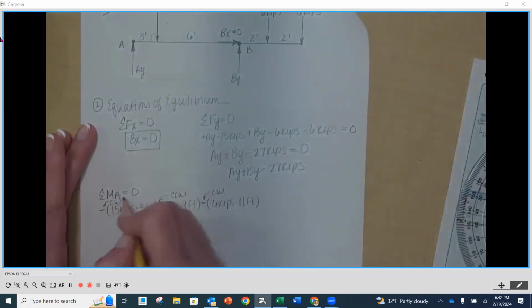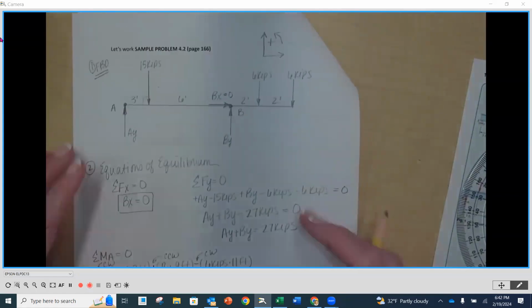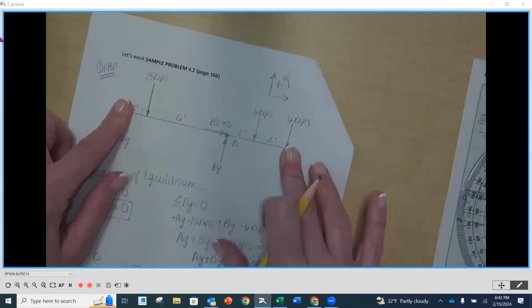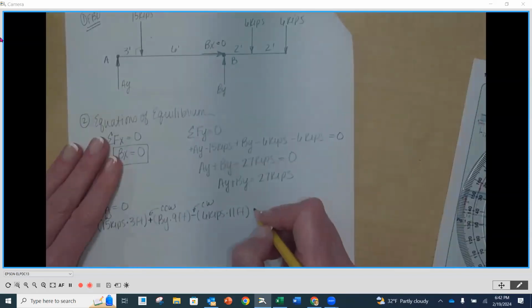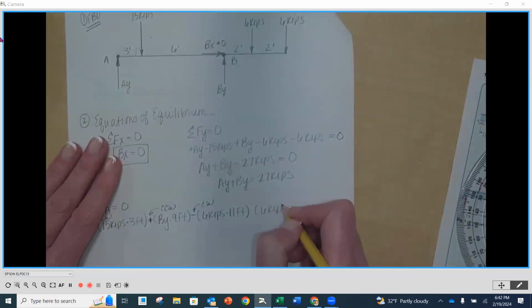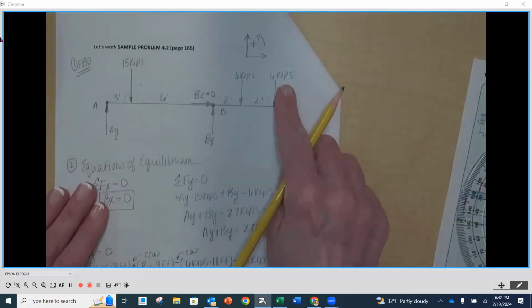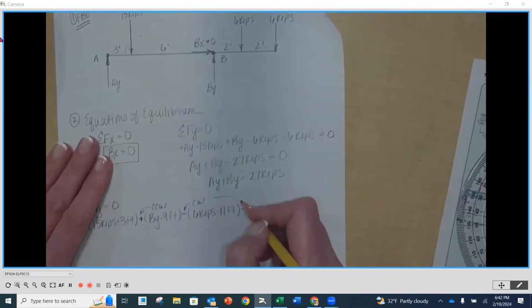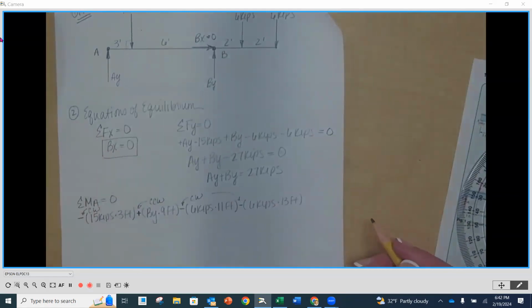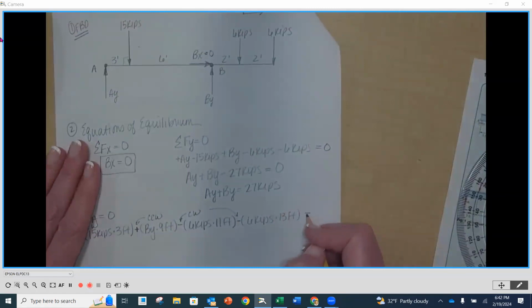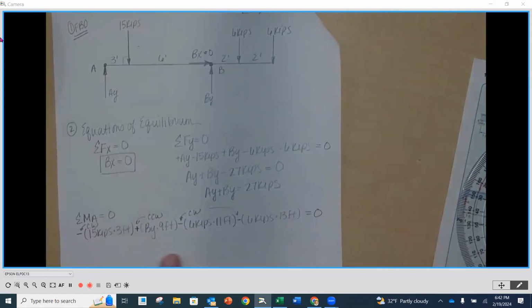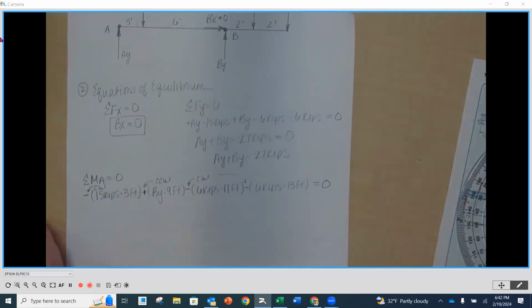They're negative. Then my last one is the 6 kips. So it's going to be 13 feet. And negative out front for that one as well, because it's going to go clockwise. So that takes care of all of my forces. I set this equal to 0. I combine what I can, and I'm going to solve for BY.